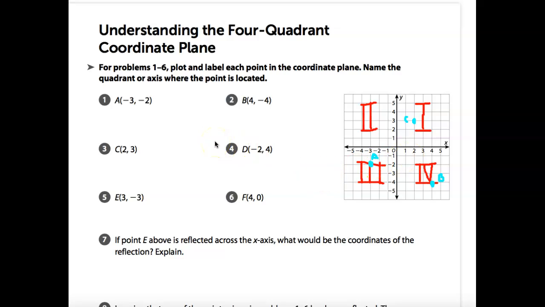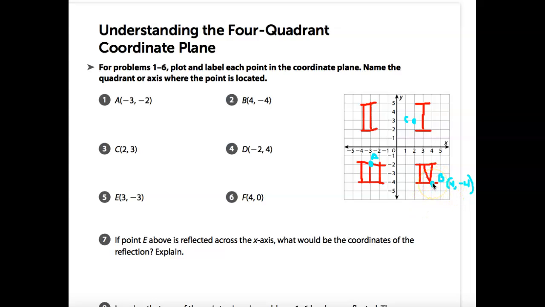But now what they've asked is for you to tell what quadrant they're in. And actually, guys, on your paper, you might even label the quadrants up here so that you have room to actually label the points, because it's asking us to label the points. So B would be 4, -4. So you would actually go like this, 4, comma, -4, okay? When they say plot and label, that's what they want you to do.